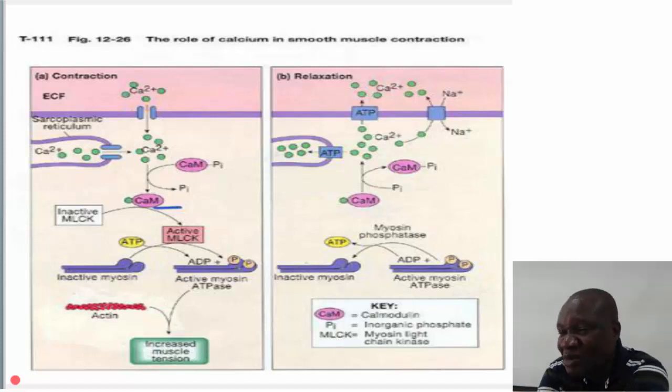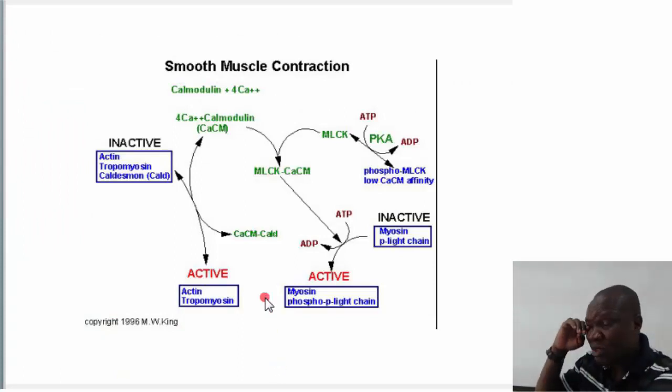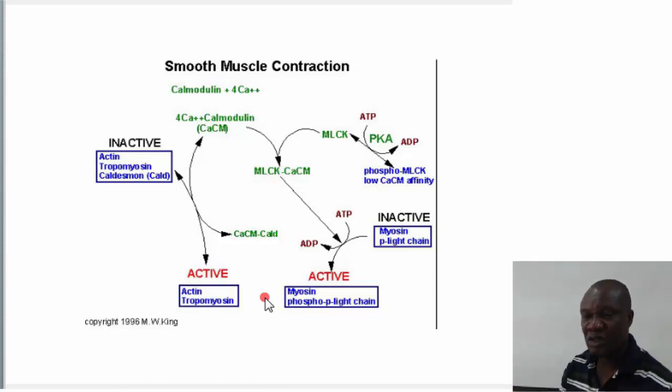Now the calcium that gets into the cell will bind to a molecule called calmodulin to form a calcium-calmodulin complex. Now the calcium-calmodulin complex will activate a protein called caldesmon.